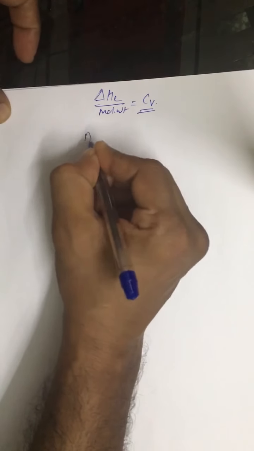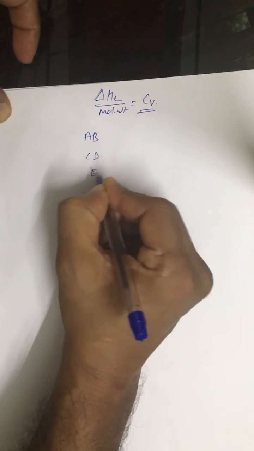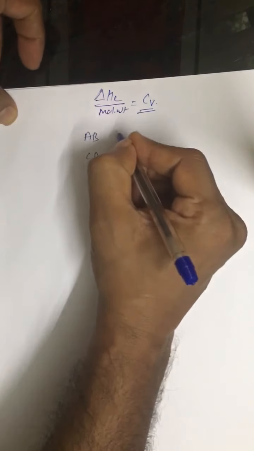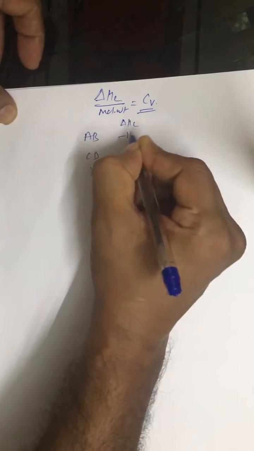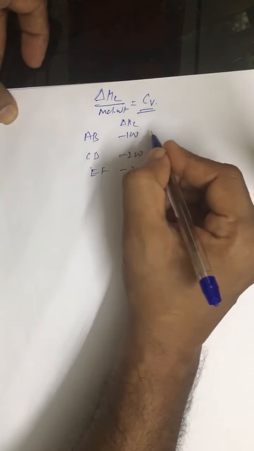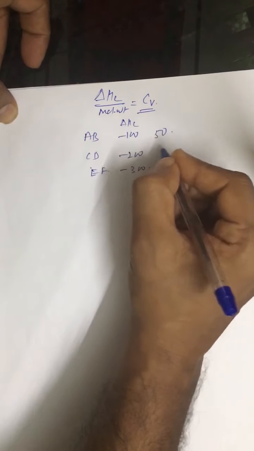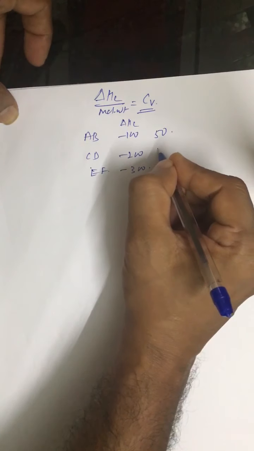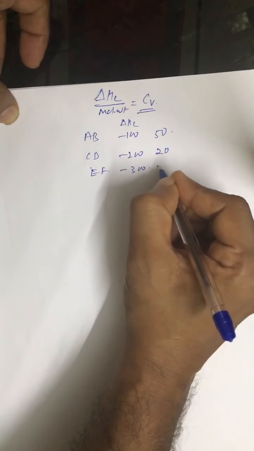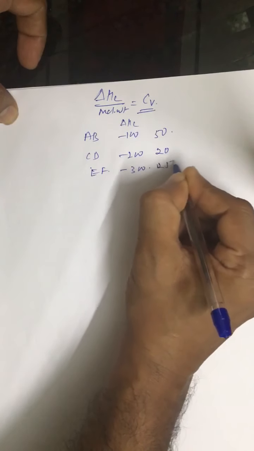Say you will be given some cases like AB, CD, and EF. These three fuels are given, and their delta HC values are minus 100, minus 200, and minus 300. And their molar masses are, say, 50, 20, and suppose 25.